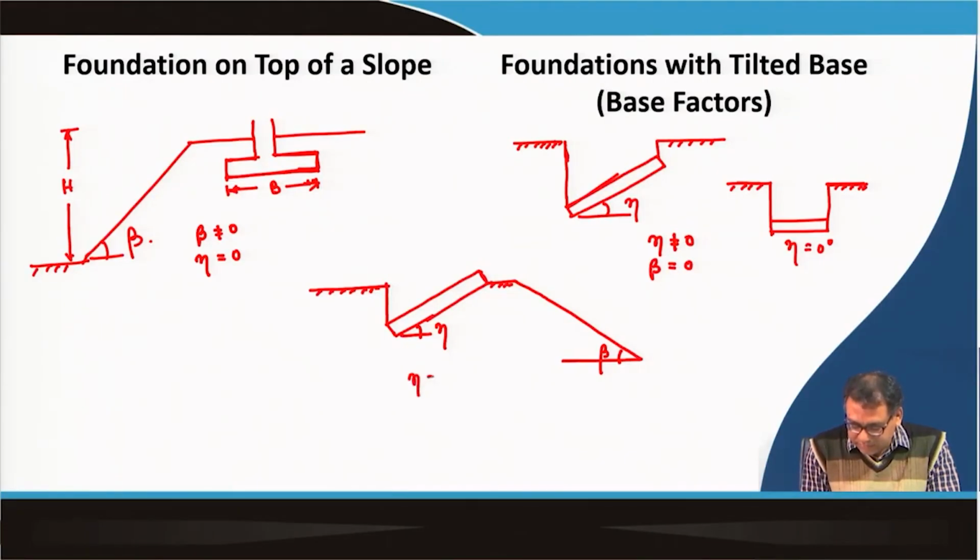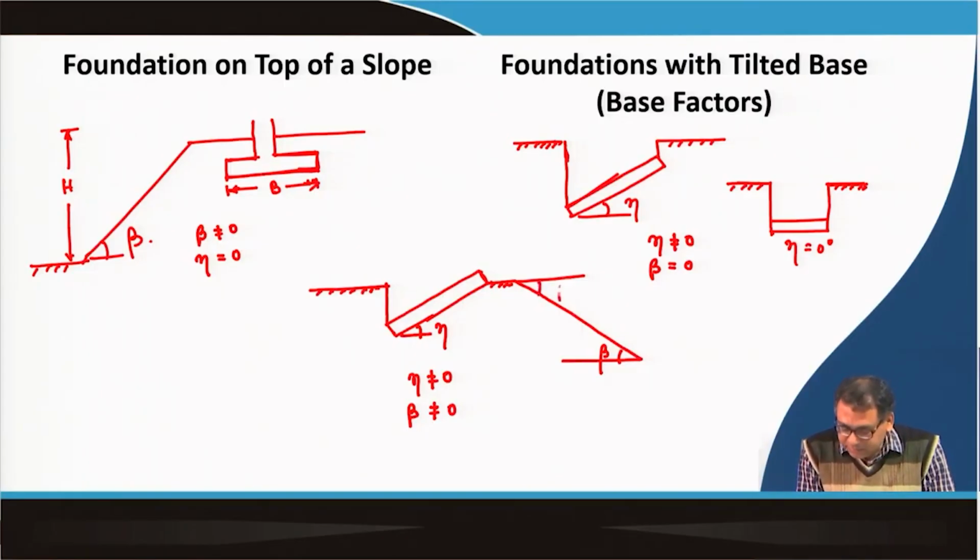In this case, eta is not equal to 0, and beta is also not equal to 0. That means the foundation is on the slope, and at the same time it is tilted. So then how we can calculate the bearing capacity, all those things we have to discuss.